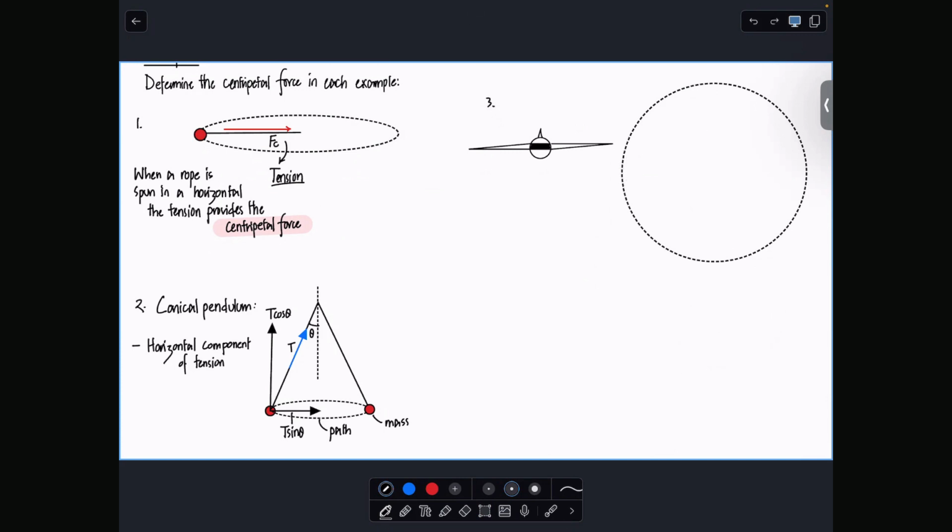Number 4 is very common, but it's very complicated as well. A car going in a circle. So what are the forces that are needed for a car to maintain circular motion? Around a roundabout, by the way, making a perfect circle.